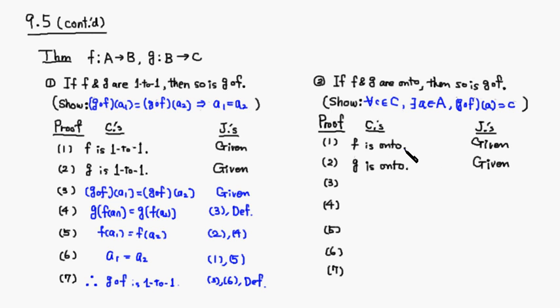First line, f is onto, that's a given, and g is onto, that's a given.